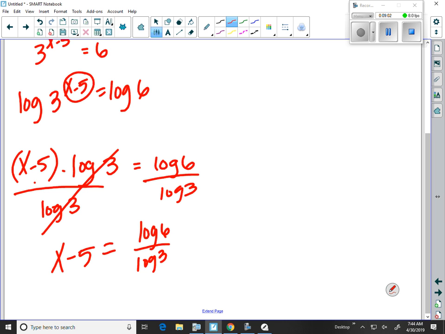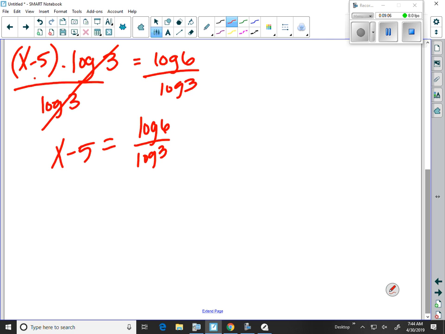Now, how can I get rid of that minus 5? Add it. Yeah, we're going to add it. So the plus 5 just gets added on to the very end.